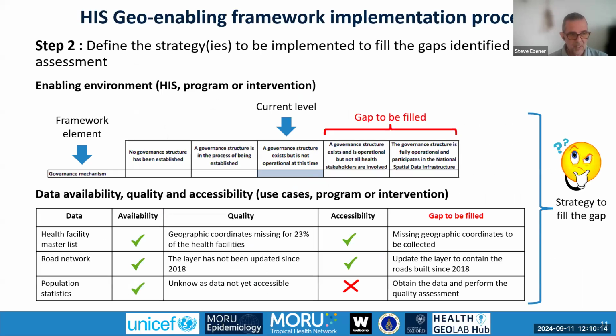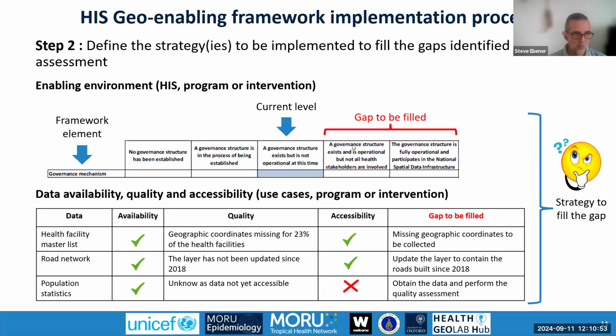So there are different types of gaps, right, that can be filled. There are gaps at the level of the 9 elements of the strategic framework, and you have an example here in relation to the governance mechanism or governance structure, which is one of the 9 elements of the framework. And as part of the assessment, you might have identified that currently the health system in your country has a governance structure that exists, but it's not operational, right?